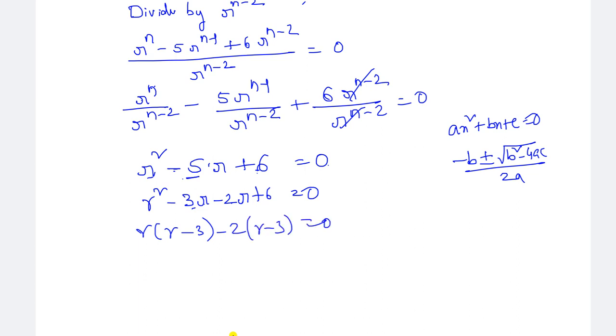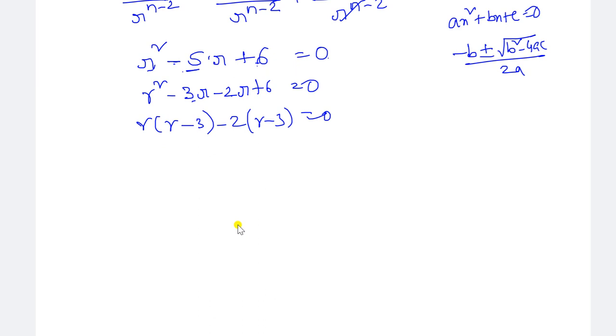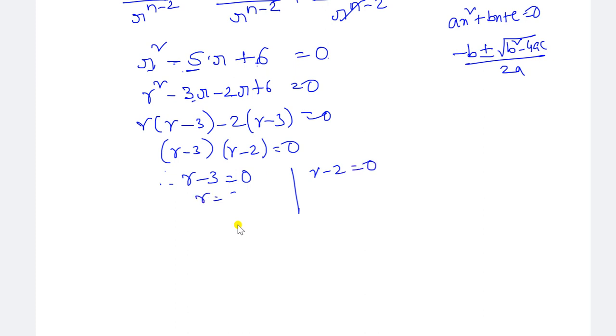By the factorization method we can find the roots like that. So (r minus 3)(r minus 2) equal to 0. Therefore r minus 3 equal to 0, one condition, and r minus 2 equal to 0, another condition. That means r equal to 3 and r equal to 2. So r1 equal to 3, r2 equal to 2.